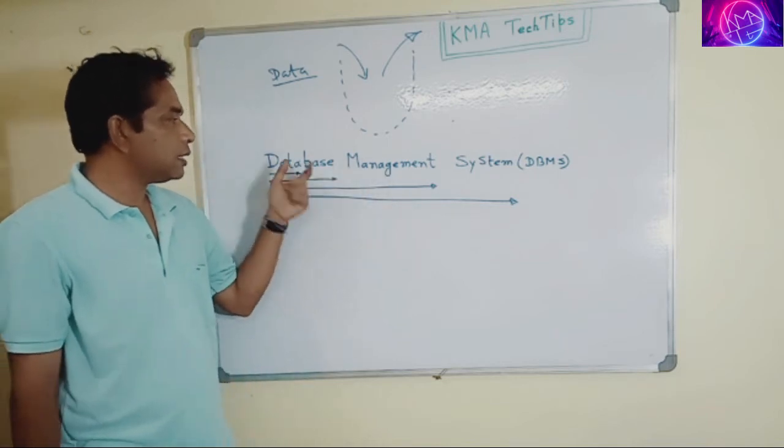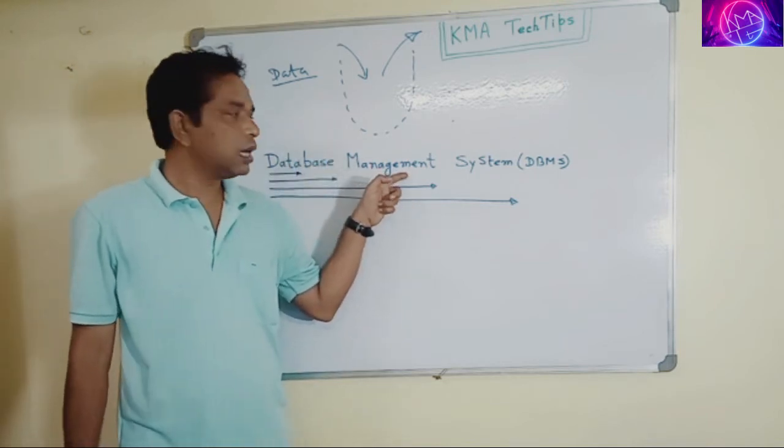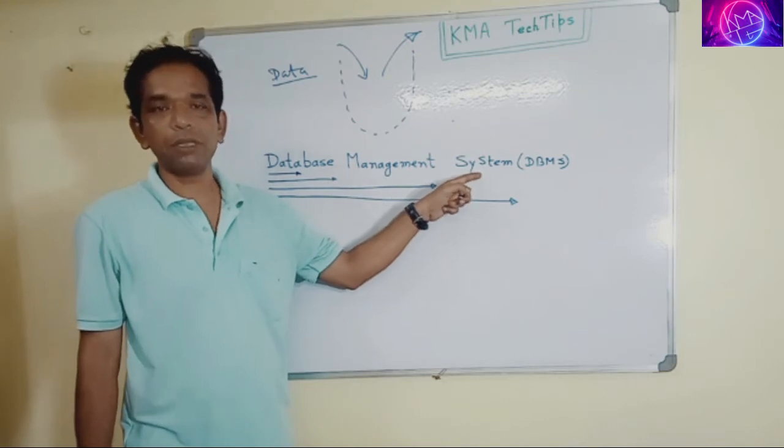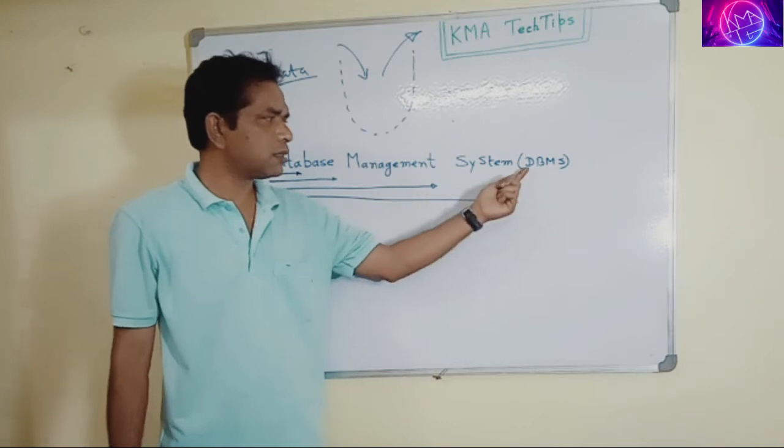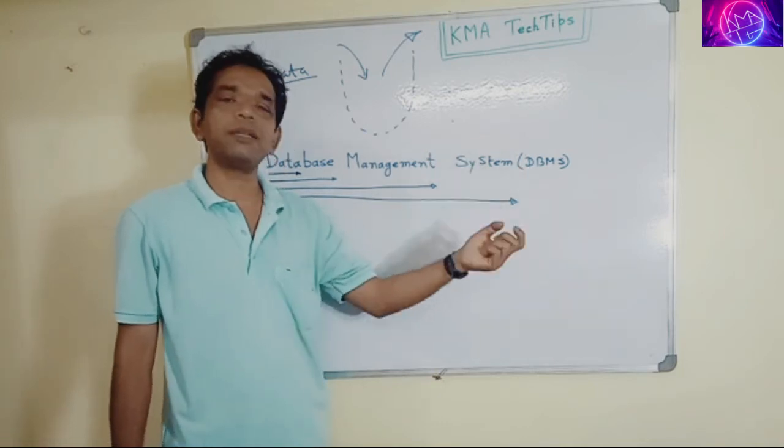And once data along with management is there, now we can think of a system. So overall we can have the idea that it's nothing but the database management system.